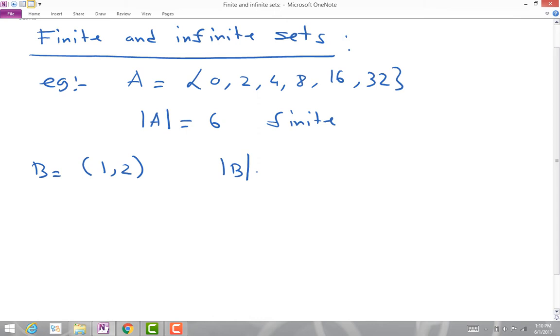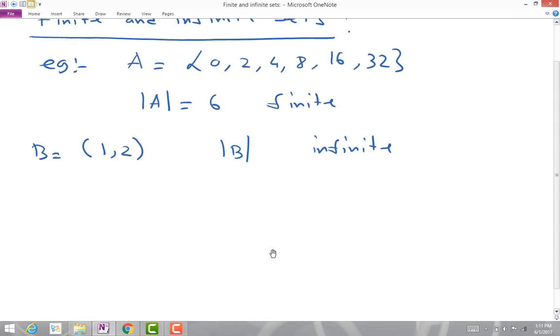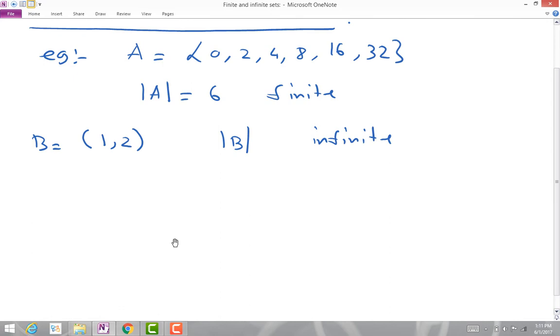So I have infinitely many numbers between 1 and 2. So in this case, the cardinality of B is undefined, or we call it infinite. So we have an infinite set, that means the cardinality is infinite, and in a finite set the cardinality is finite.